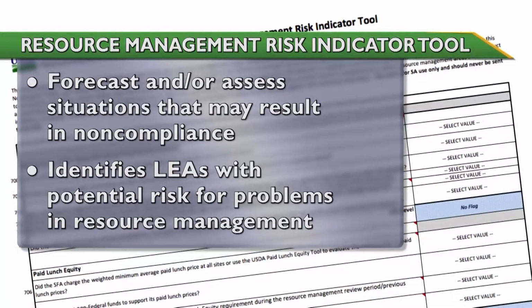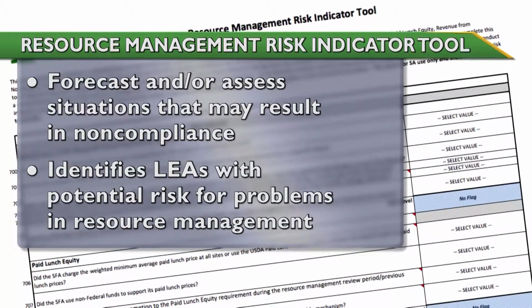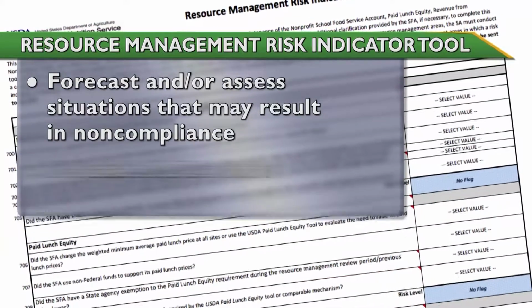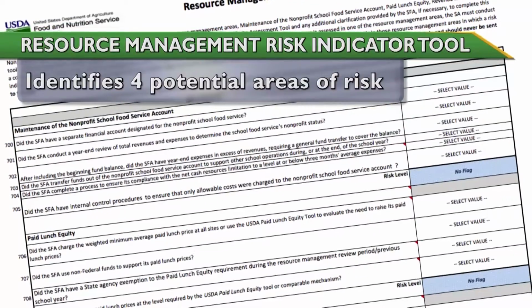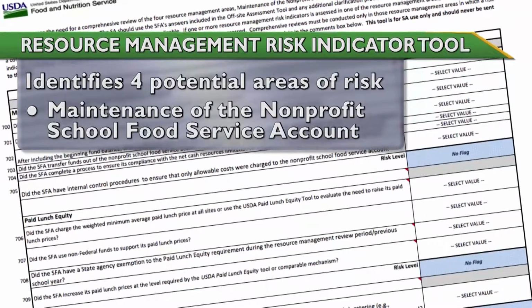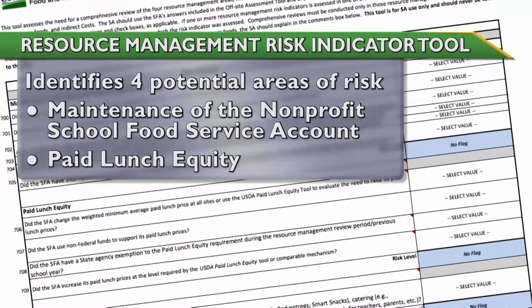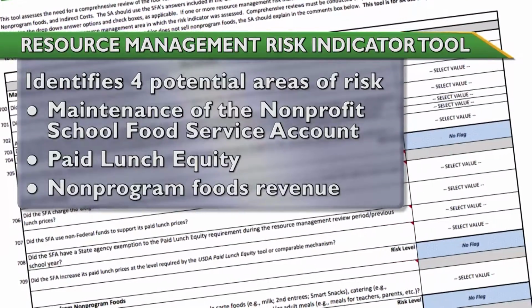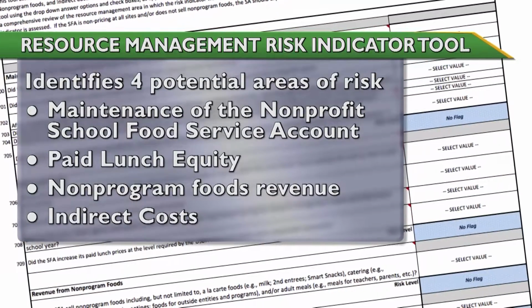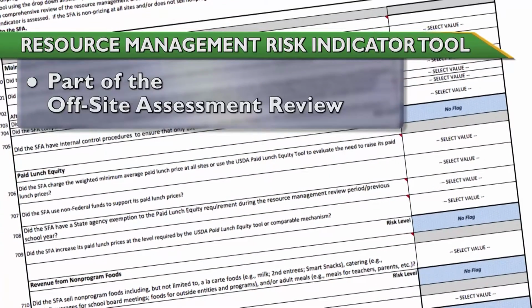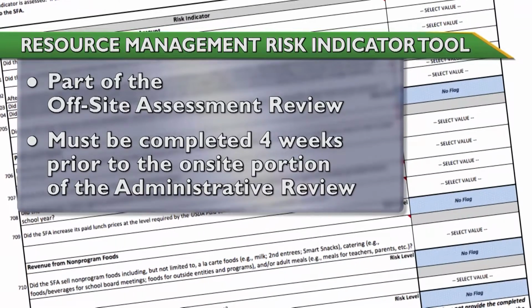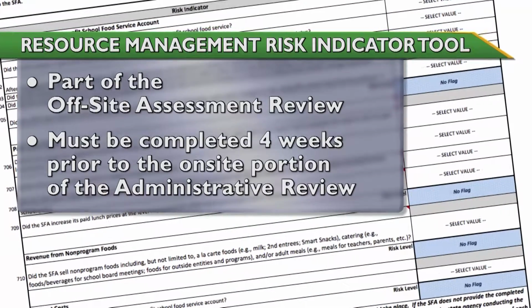It identifies which local education agency, or LEA, are at potential risk for problems in resource management, and also identifies 4 potential areas of risk: maintenance of the nonprofit school food service account, paid lunch equity, revenue from non-program foods, and indirect costs. It is part of the off-site assessment review, which must be completed by the LEA 4 weeks prior to the on-site portion of the administrative review.